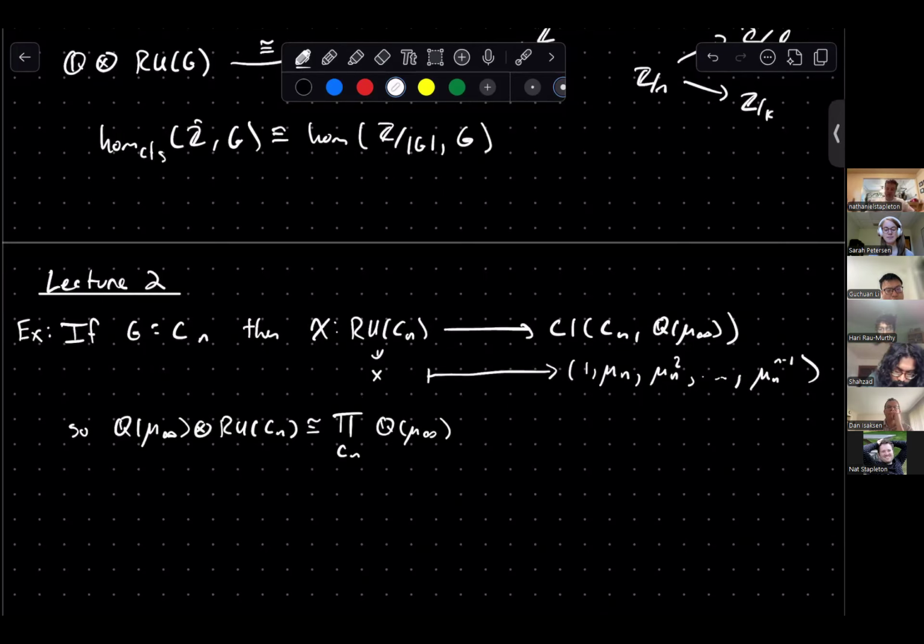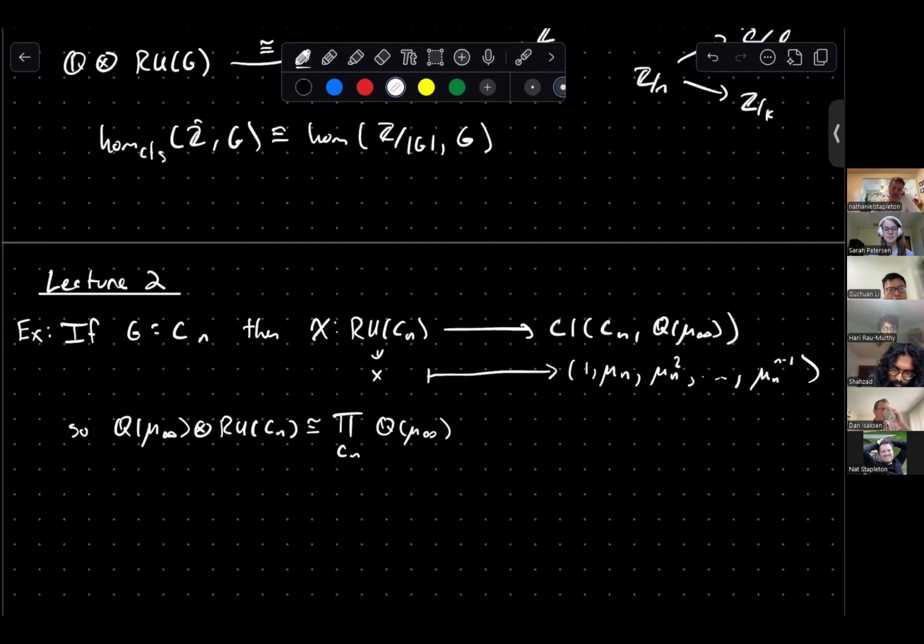So this is what I was saying about after this base change to Q adjoin mu infinity, the representation ring is just a product. In terms of the multiplicative group scheme, this is not important for the purposes of this talk, but it is useful to think about things this way. We pointed out last time that Ru of Cn is the n torsion in Gm.